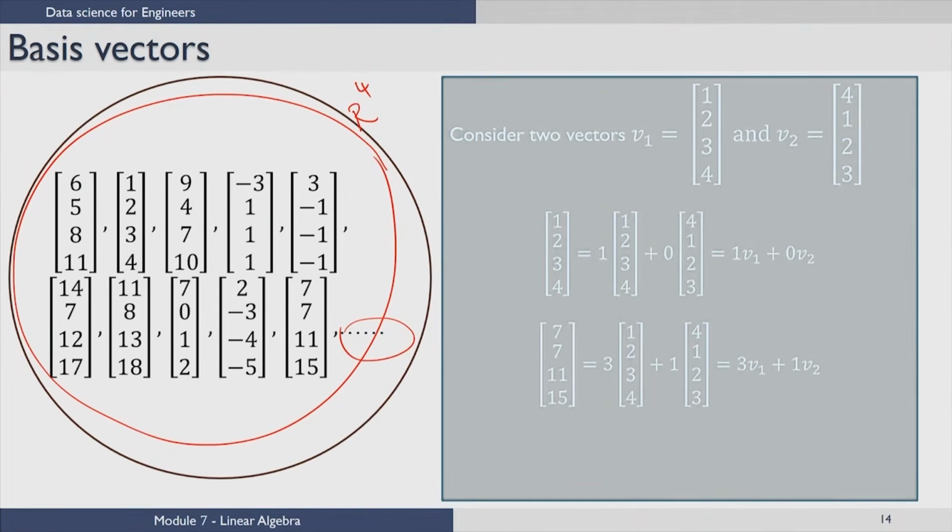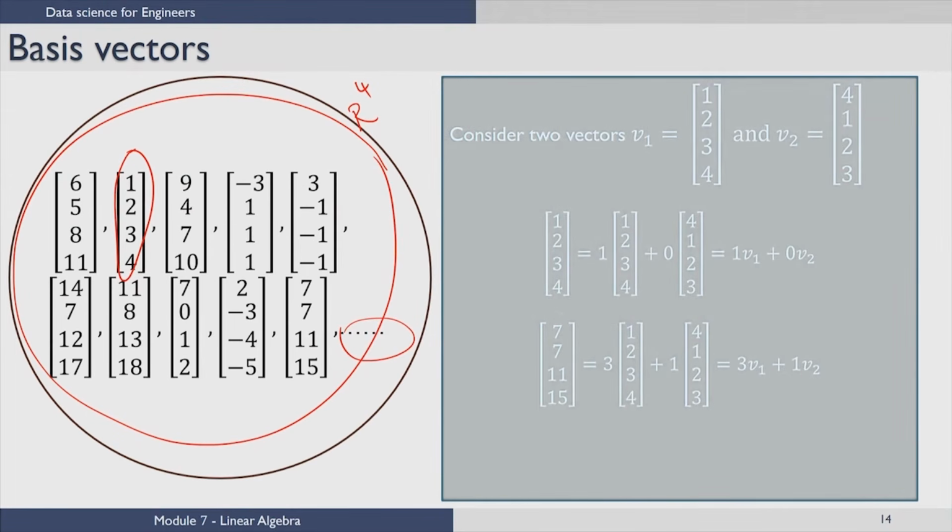So, what we can do is take, let us say, 2 vectors here. This example has been constructed to illustrate an important idea. Let us take the vector v1, which is 1 2 3 4, and v2, which is 4 1 2 3, and let us take some vector in this set and see what happens when I try to write it as a linear combination of these 2 vectors.